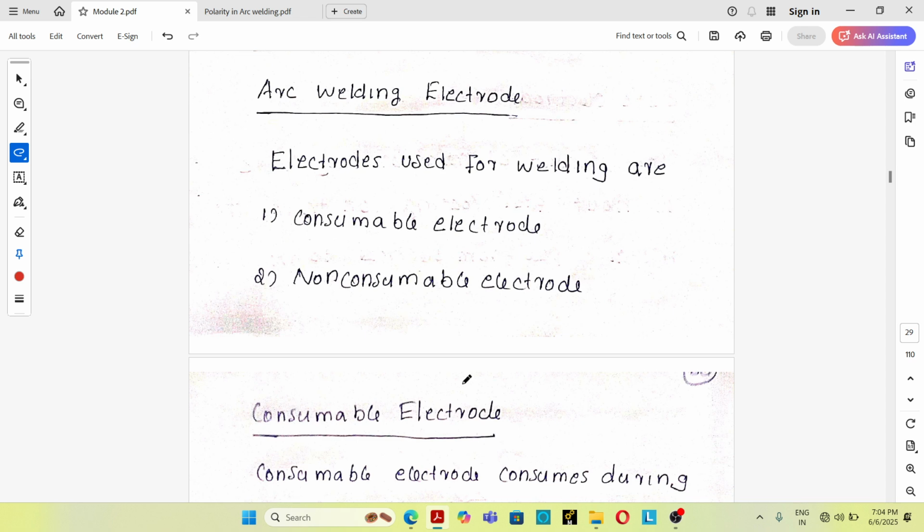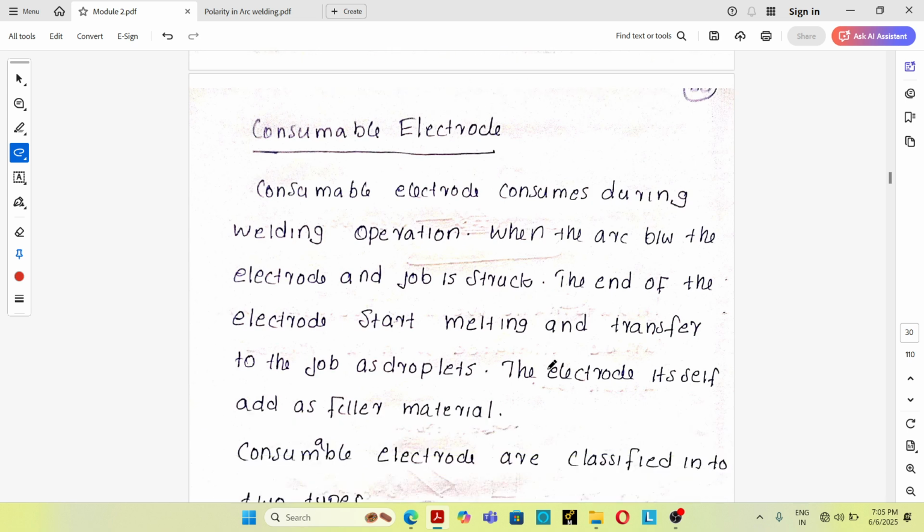Consumable electrode means when the electric arc is struck between the electrode and workpiece, the electrode gets consumed, the electrode melts and the metal is transferred to the molten weld pool. That type of electrode is known as a consumable electrode. When we are using a consumable electrode, no separate filler material is used.